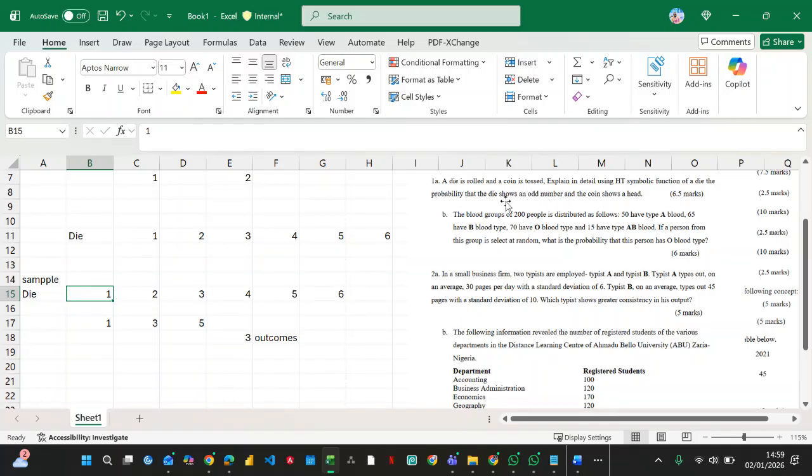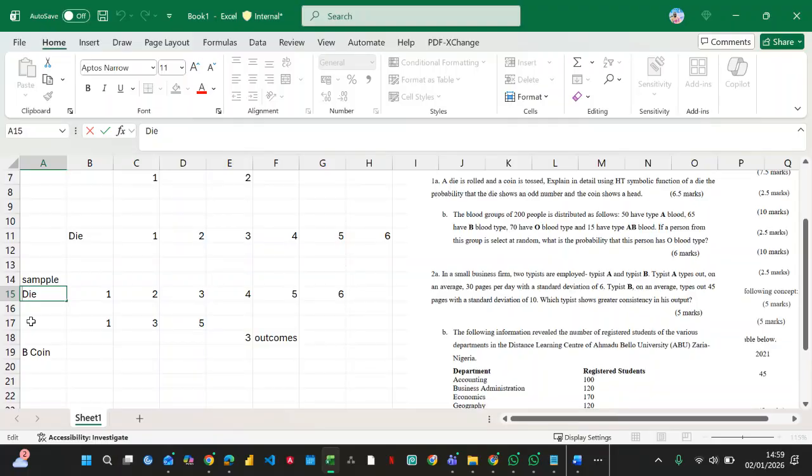You understand that? Now the other question asks, what's the probability that the die shown is an odd number, and what is the probability that a coin shown is a head? So this was our event A, and then let's look at our event B, which is our coin.